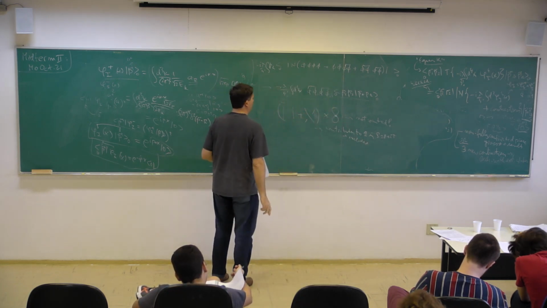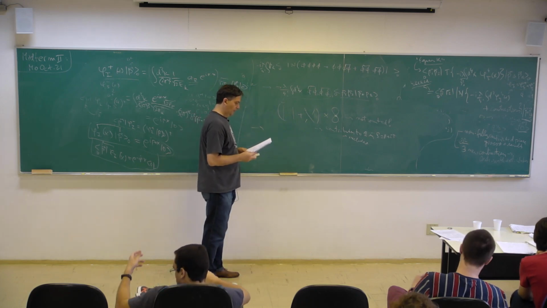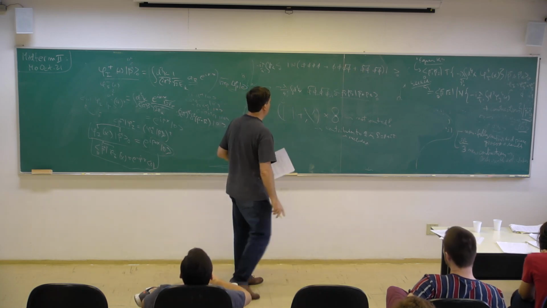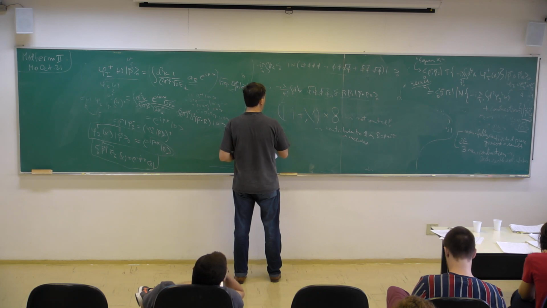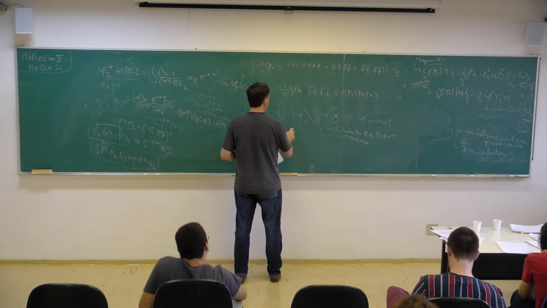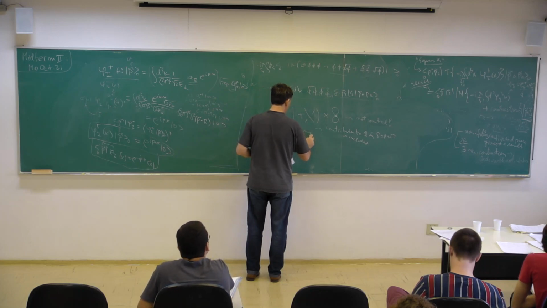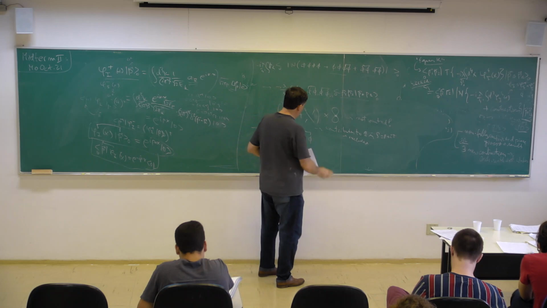All right. So that doesn't work. Then let's try this term. Minus i lambda over 4 factorial, integral over x. There's a contraction.